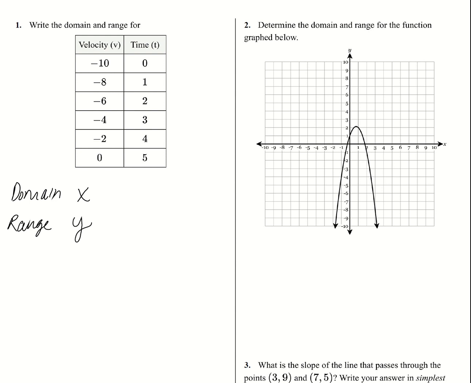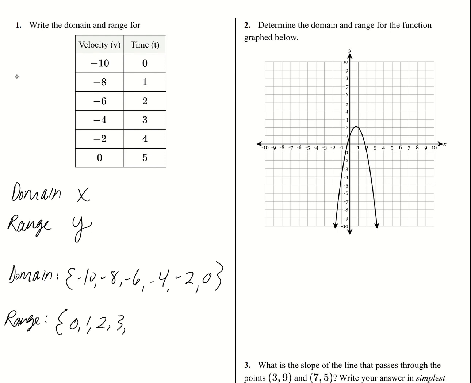If you're going to do the domain for a data set from a table, you're just going to list all of the x values from least to greatest in order. The range is your y values, so you're going to list all the y values from least to greatest in order. And remember, use the bracket notation. That's all you would have to do.